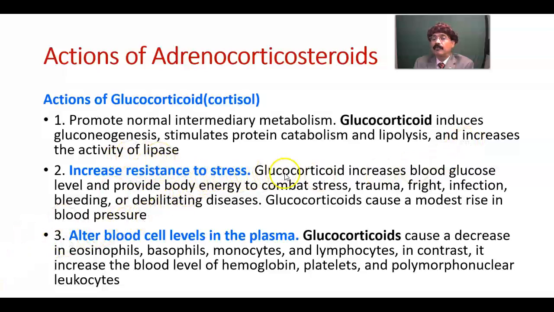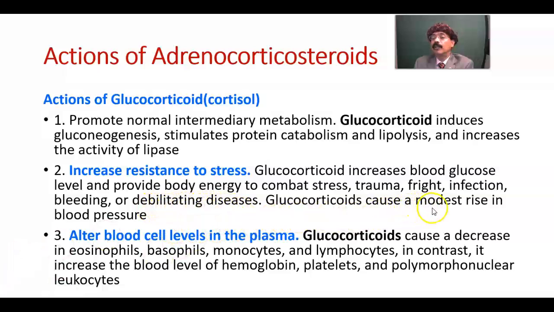It increases resistance to stress. Glucocorticoid increases blood glucose level and provides the body energy to combat stress, trauma, fright, infection, bleeding, or debilitating diseases.